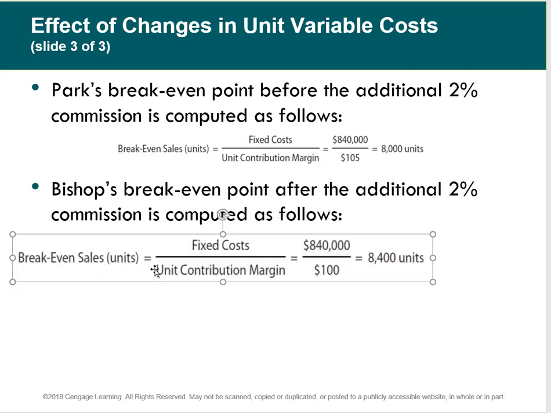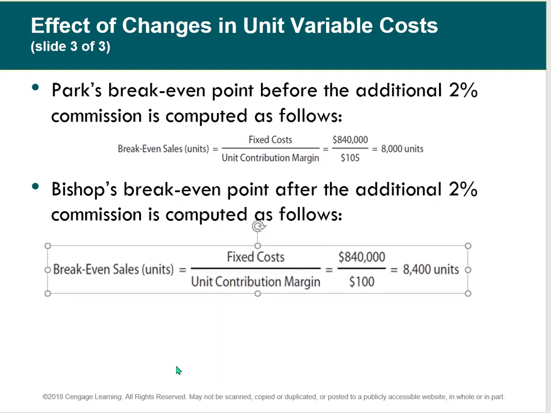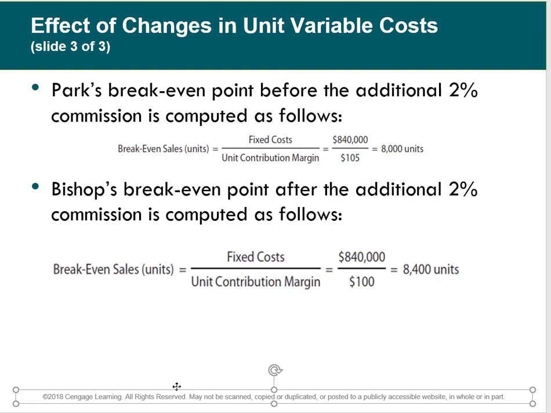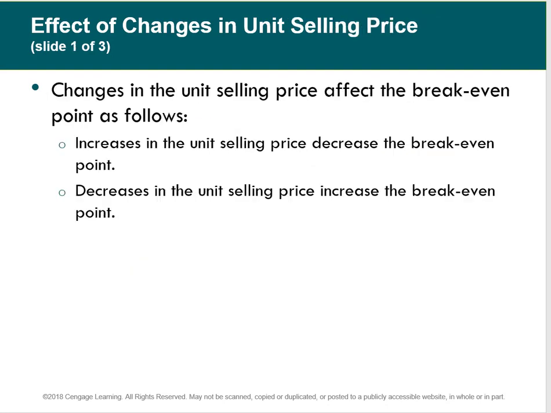We've got to sell a lot more, another 400 units to cover that additional 2% commission. But if your sales increase, if the salespeople do a better job, or if you keep your salespeople that you want to keep, then the commission would be worth it.